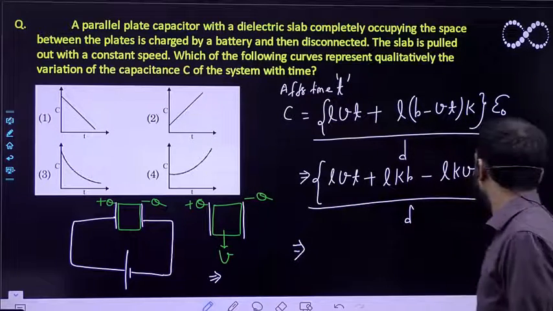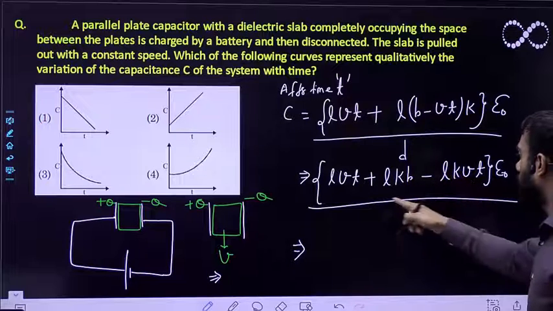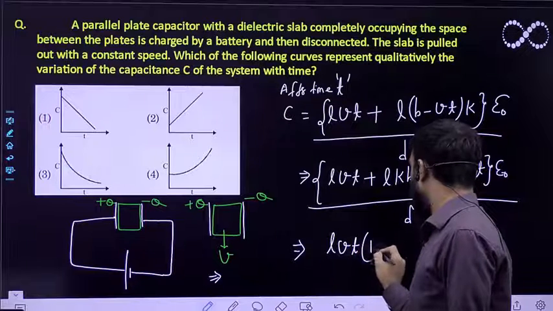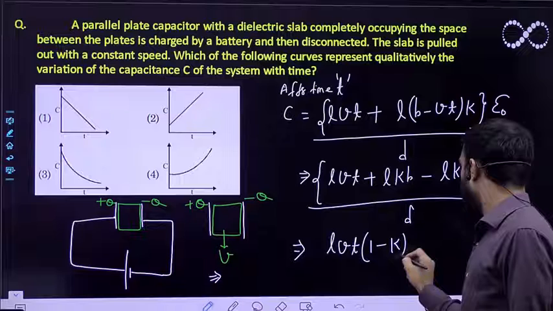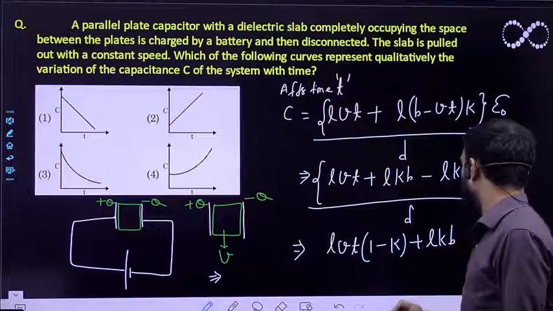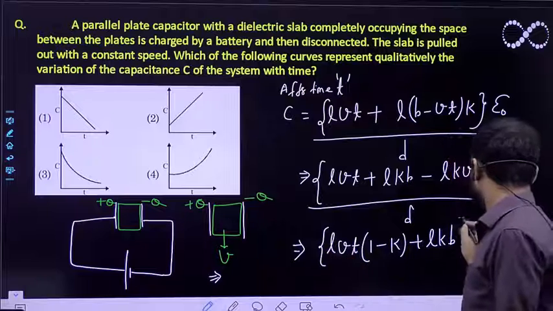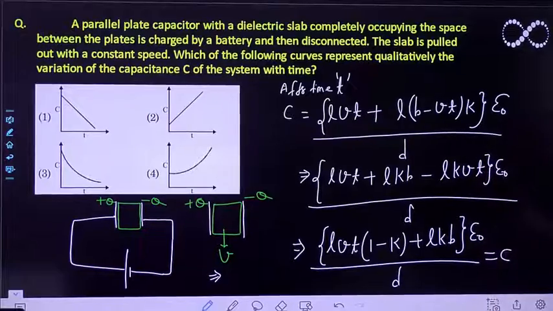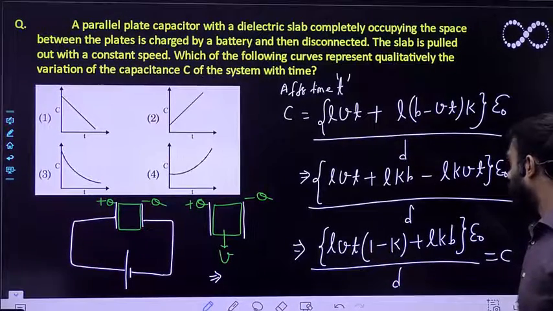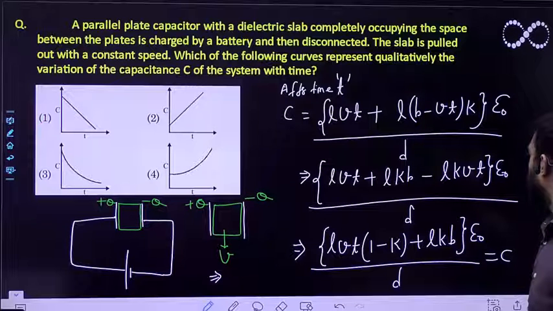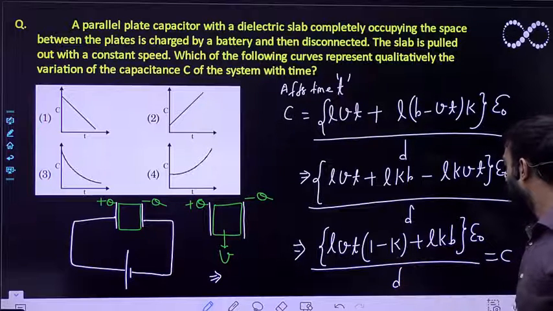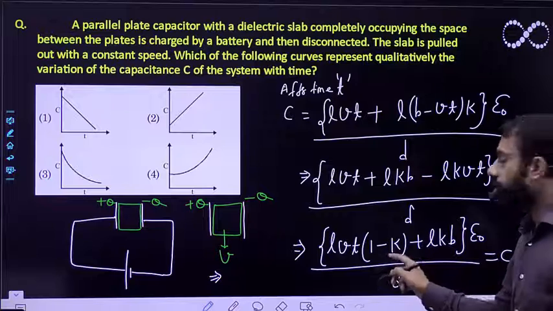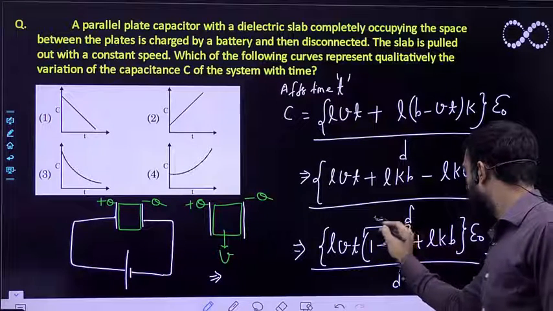From here, if you take the first term and the last term, Lvt can be taken as common. So you will get (1 minus K) Lvt plus LKB, and this epsilon naught divided by d. So you can see the capacitance is obviously a function of time. And this 1 minus K will be negative because the dielectric constant is greater than 1. So this whole term is negative here.